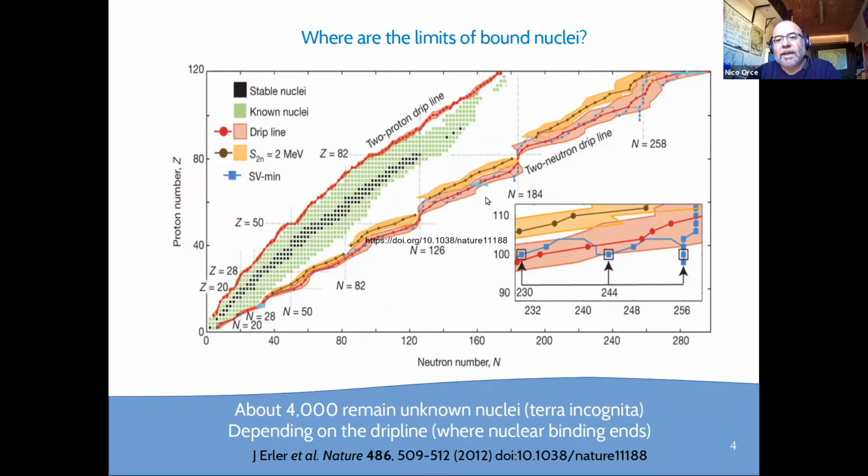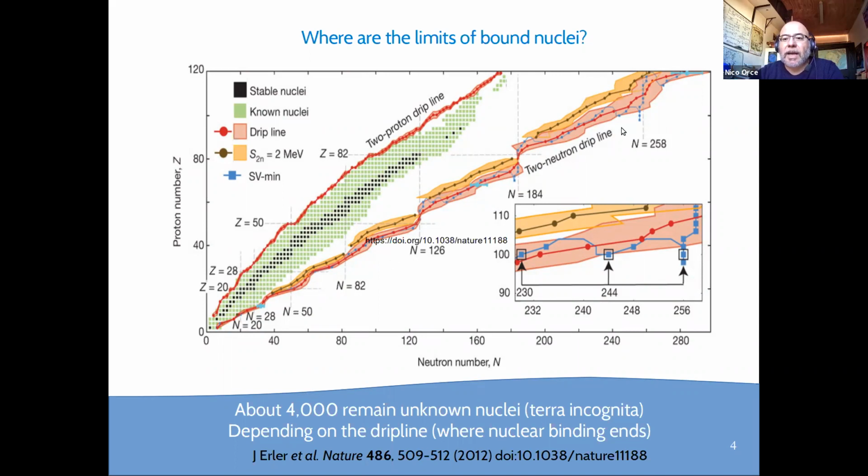All this white stuff here is like a terra incognita. We haven't discovered any of them, and there are many millions and billions involved in discovering this terra incognita of nuclei. About 4,000 of these nuclei remain unknown, and these are the borders of stability, right?